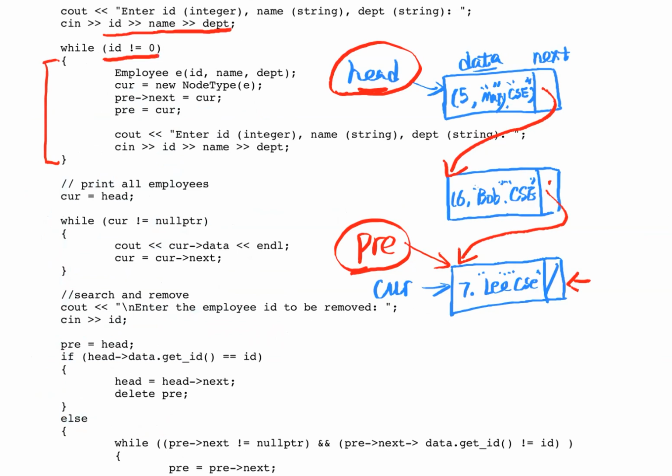This condition is if the user enters the new node to store this employee, the current points to this node. Is this node to the new node to transfer the employee information. Current points to this node. Step 1.